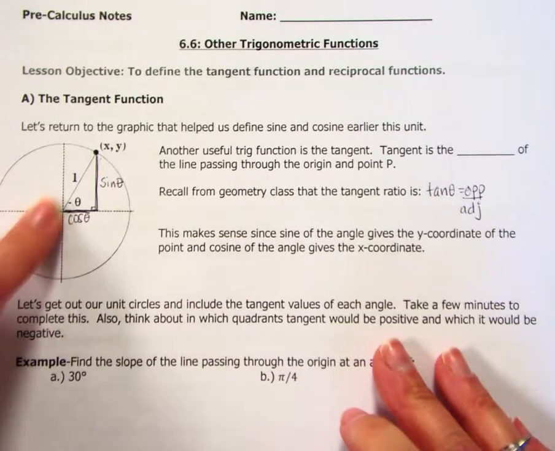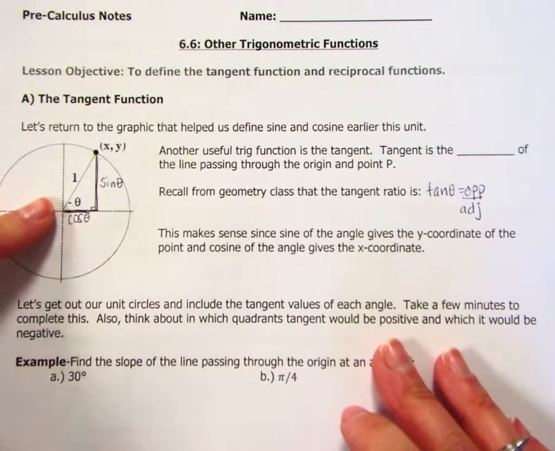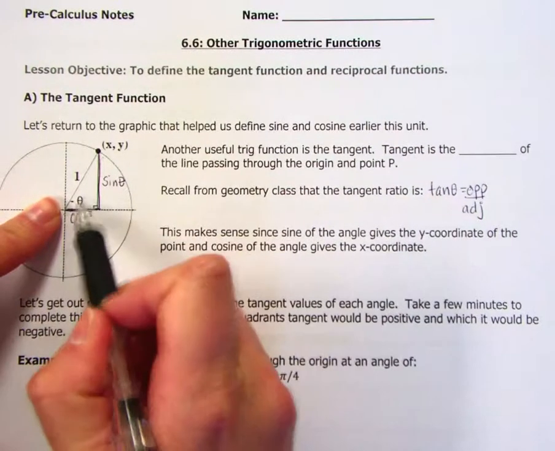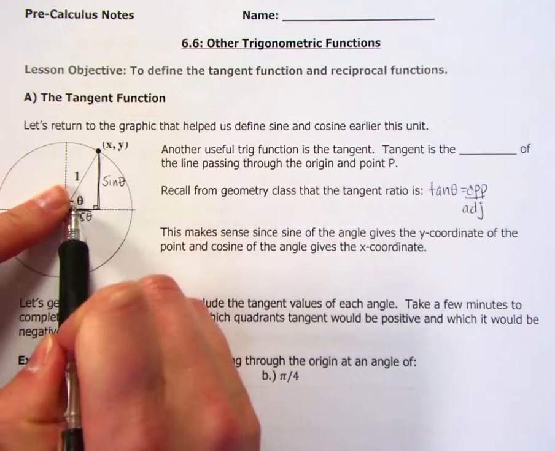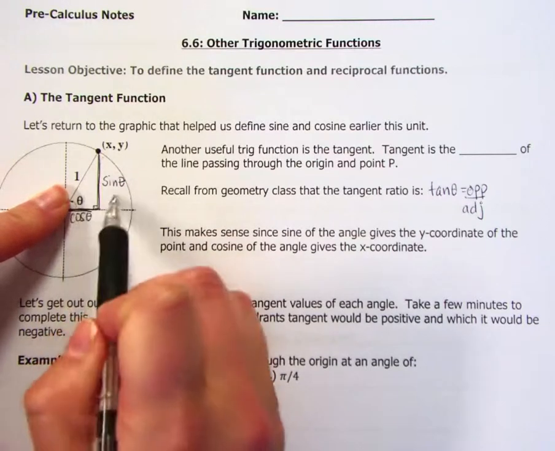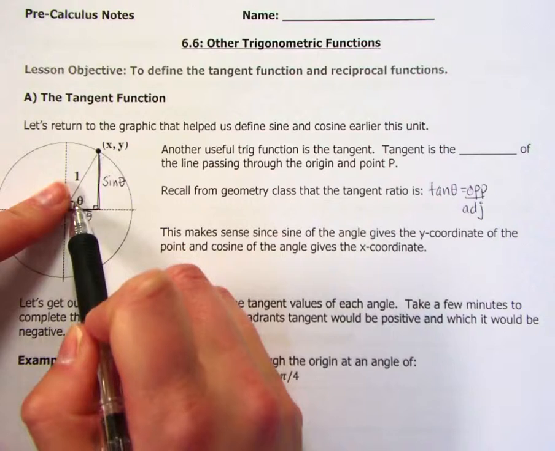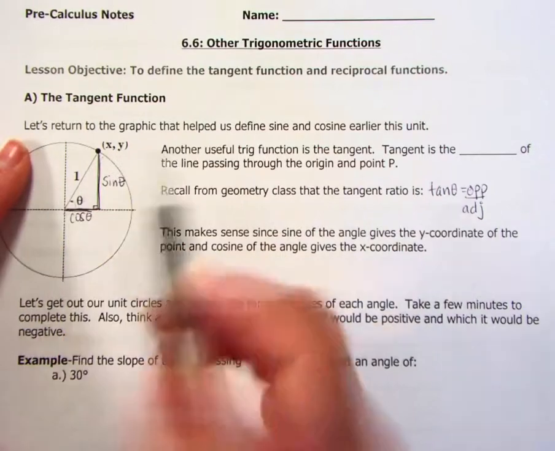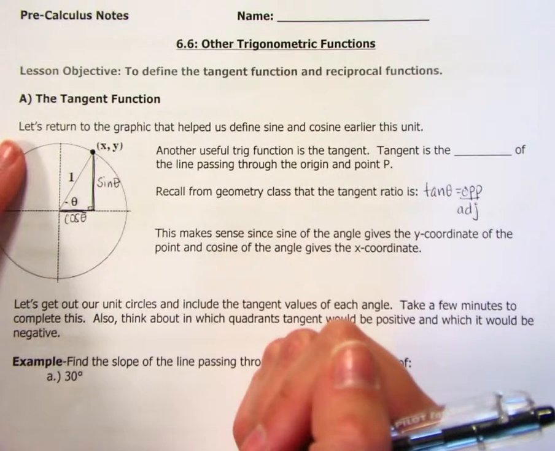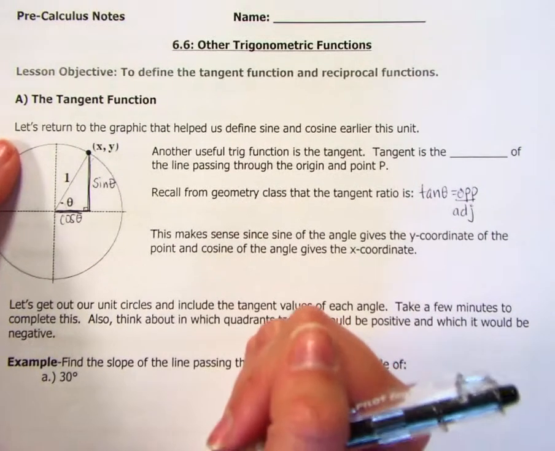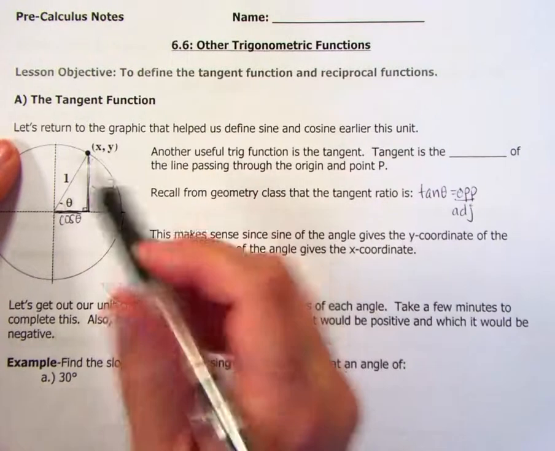So let's look at this picture now. With respect to theta, based on what we know about sine and cosine, how else could we refer to the opposite side of this triangle? There's actually a couple different answers that would work here.